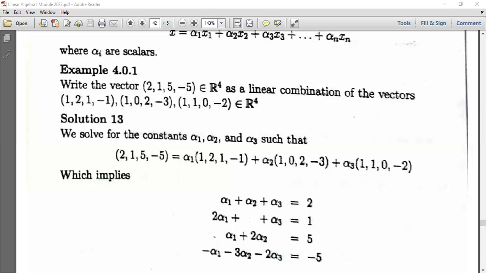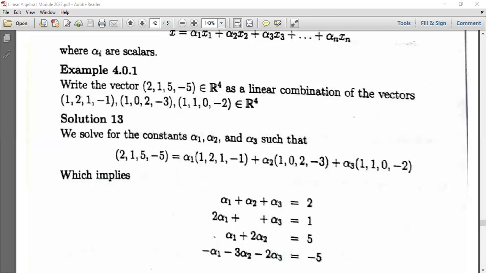Then the third entry: this is alpha 1 plus 2 alpha 2, then alpha 3 is 0. So that one gives us 5, because 5 is the third entry. Then the last entry: minus alpha 1 minus alpha 3 minus alpha 2 is equal to minus 5.